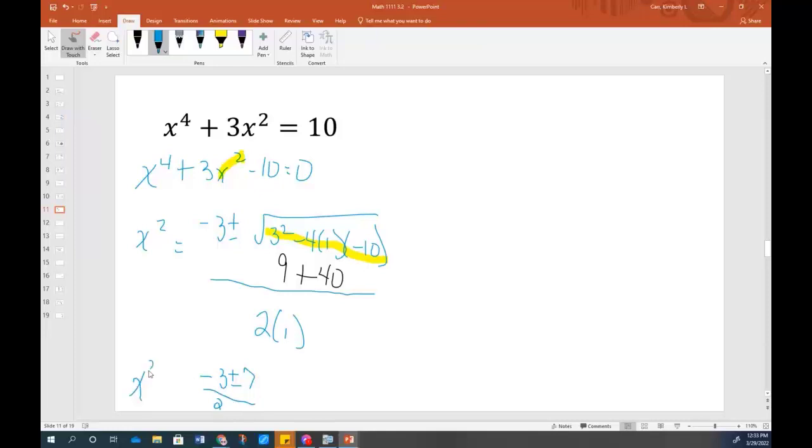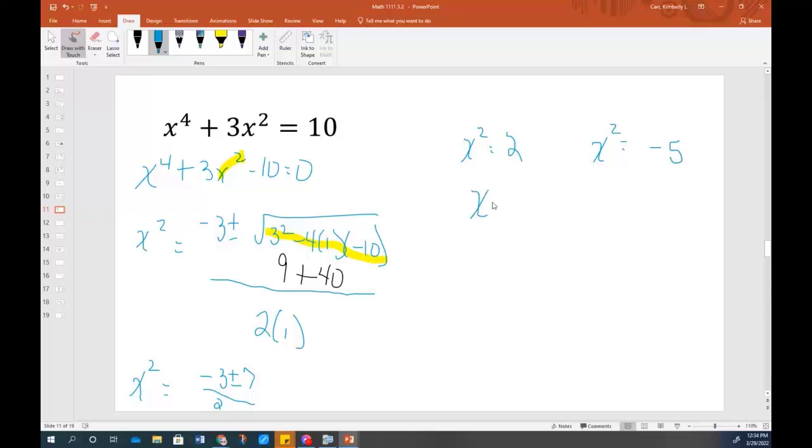Again, though, that's not what x equals. Negative 3 plus 7 is 4. 4 divided by 2 is 2. Negative 3 minus 7 is negative 10, and negative 10 divided by 2 is negative 5.